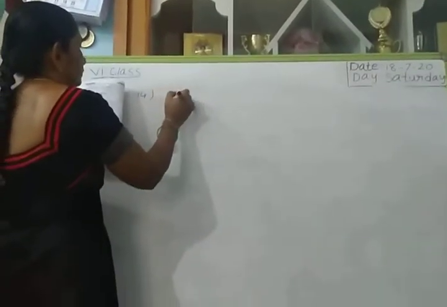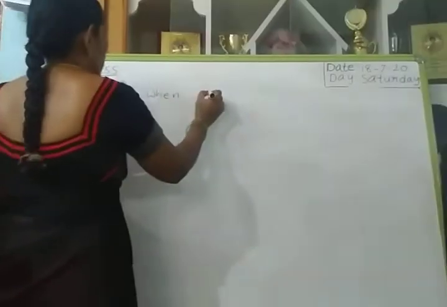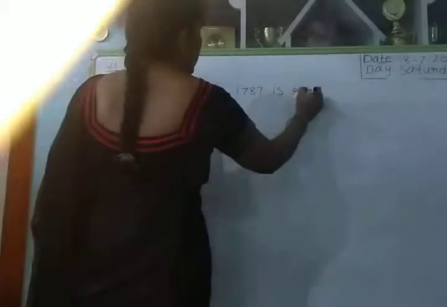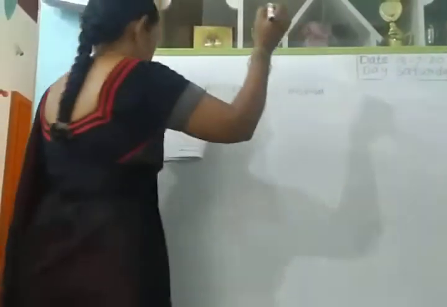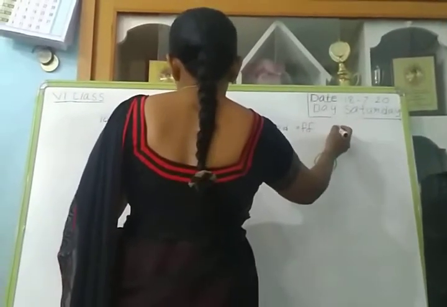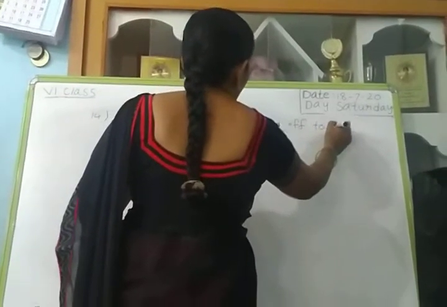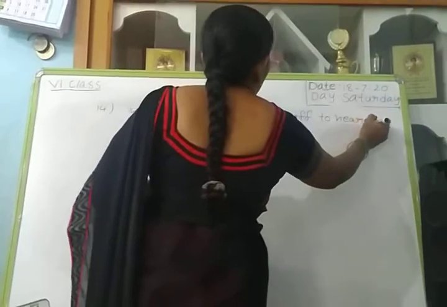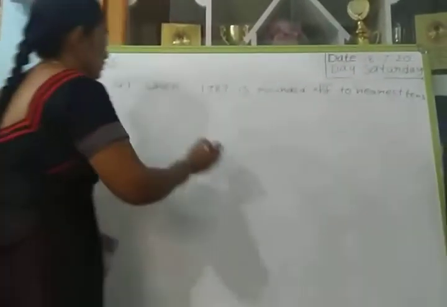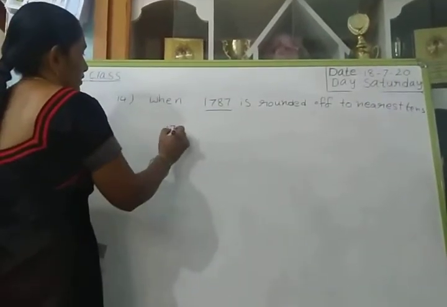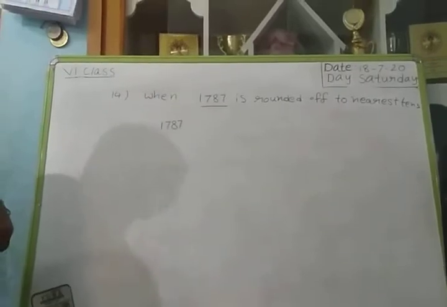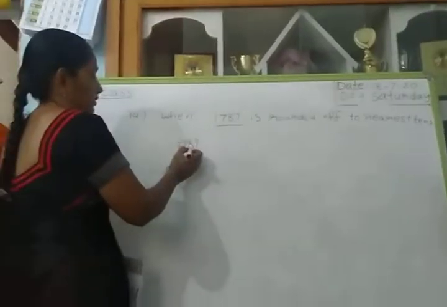When 1787 is rounded off to the nearest tens. Which number did they give? 1787. This one we have to round to the nearest tens.